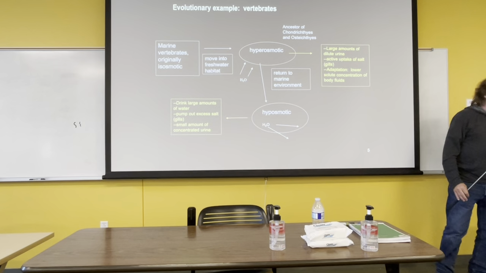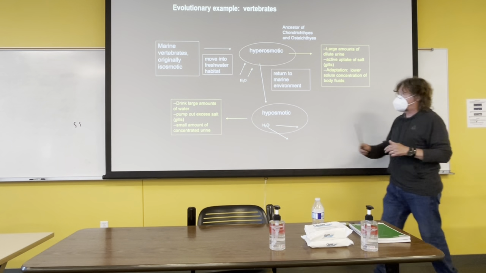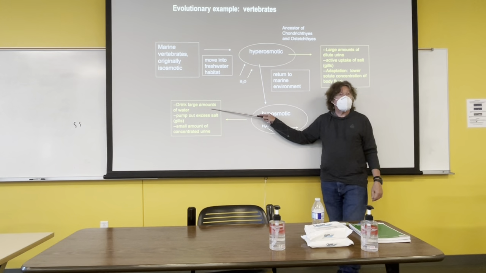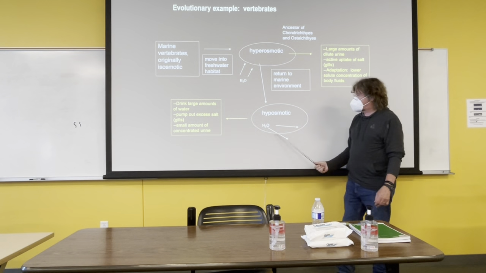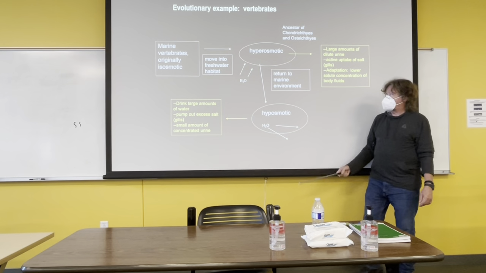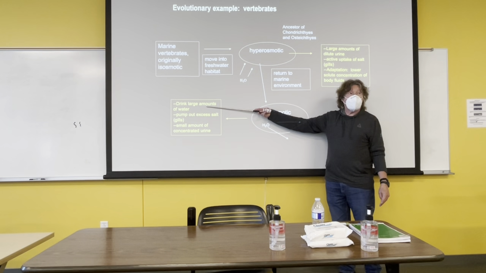So the adaptation these have had to make is that they drink like a fish, okay? They have to drink large amounts of water to replace the water that's being lost. But as they're doing that, they're also taking in a lot of salt, okay?